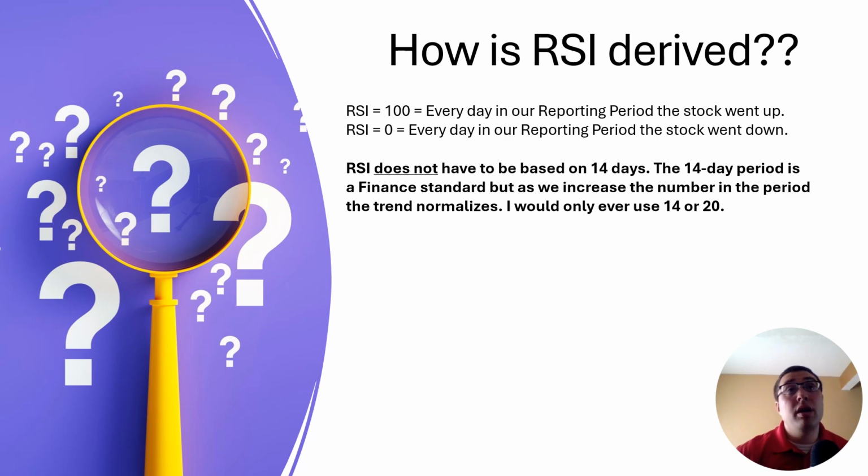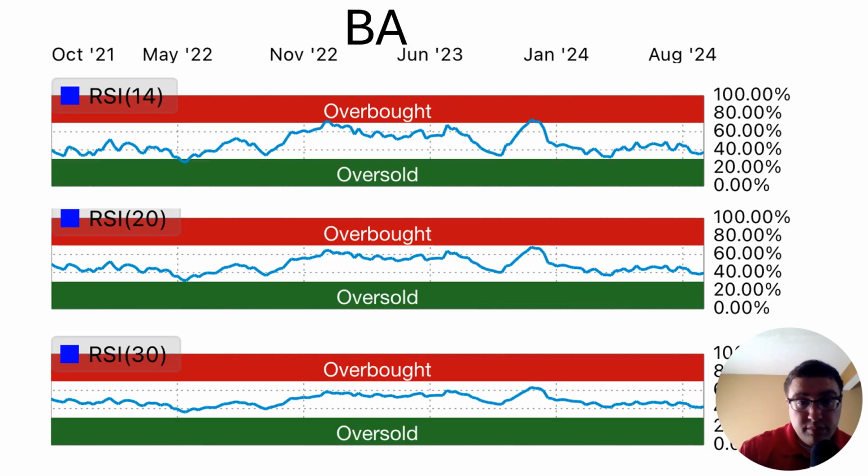I would generally prefer somebody using RSI between 14 to 20. As you narrow the period, it's going to be more volatile, easier for trading. If the period is too large, the overall chart's going to normalize a bit. So to explain that, here's Boeing again with RSI of 14, 20, and 30.